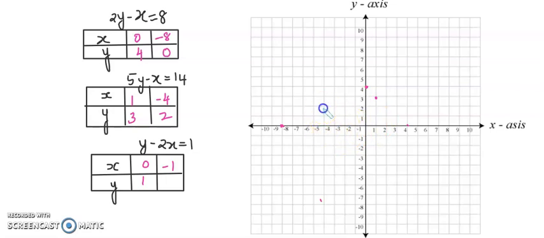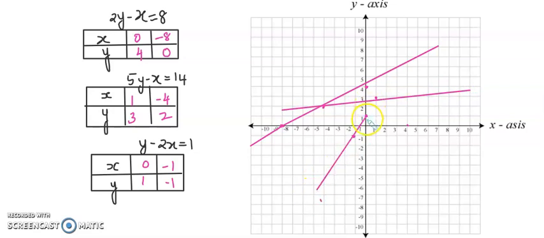Then (0, 1), so this one, and (minus 1, minus 1), so minus 1 is this one. Let me quickly line it up. This is the first line, this is the second line, and this is the third line.